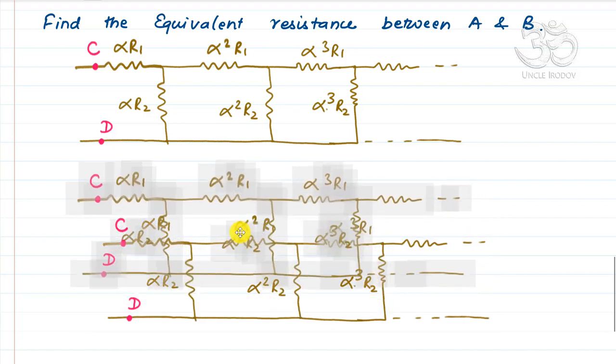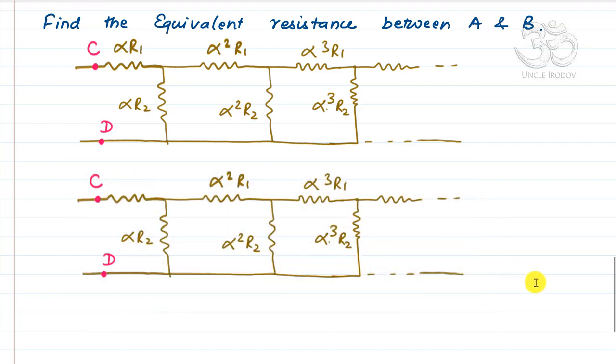Let alpha R1 be equal to R3, so I have got R3 here, and let alpha R2 be equal to R4. Then the next one will become alpha R3, and the next one will become alpha R4. The next ones will become alpha square R3, alpha square R4, then alpha cube R3, and so on, and the circuit will go on.